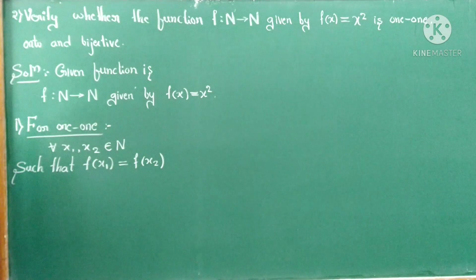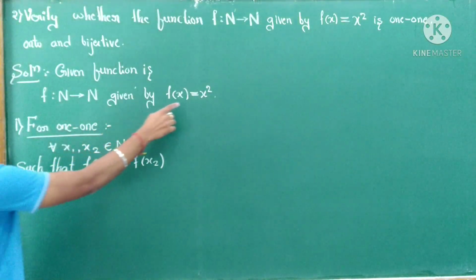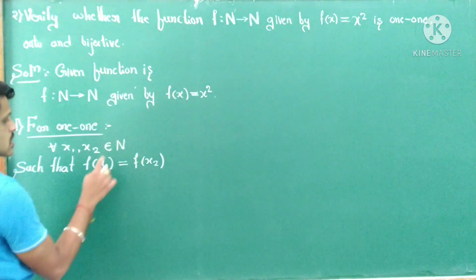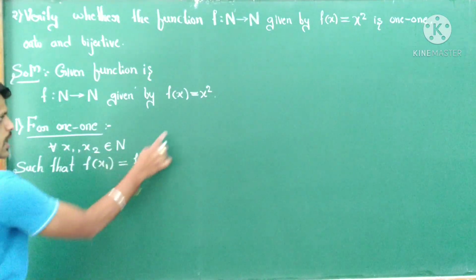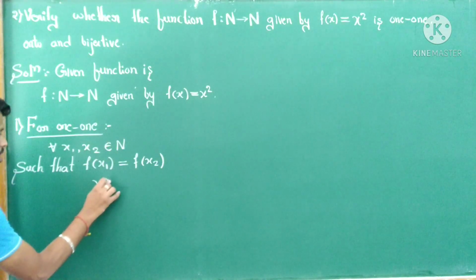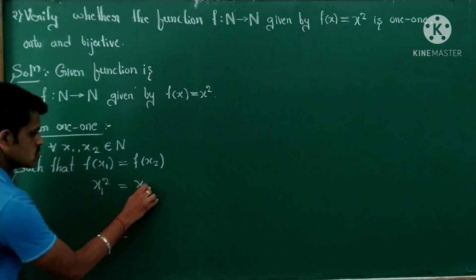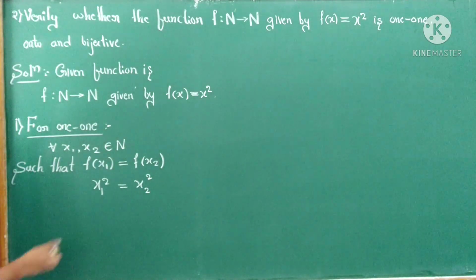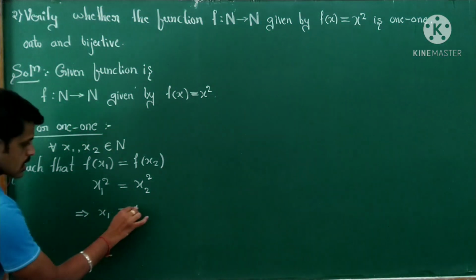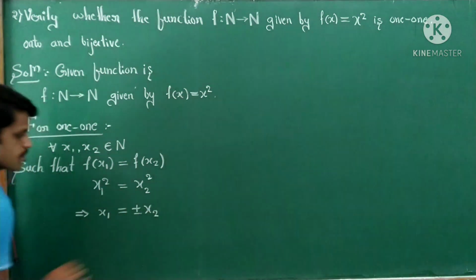Clear? So now the given function f of x is equal to x square. So wherever x is there, replace x by x1 and x by x2. Then x1 square is equal to x2 square. So x1 is equal to plus or minus x2.